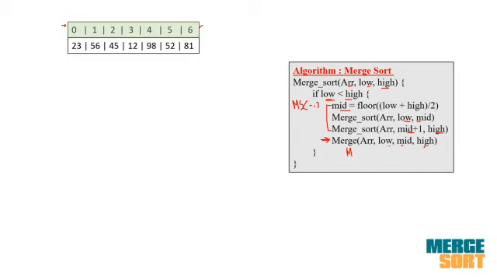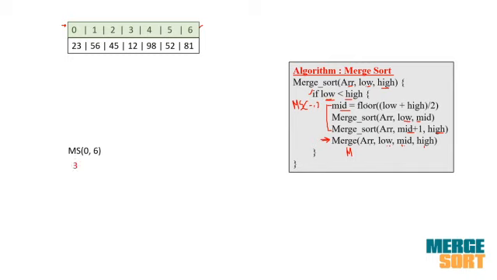So the first merge sort will be called on the array indices values 0 to 6, so MS 0,6. Now this checking, of course, is true, and now we have to find the midpoint, which in this case is 3.